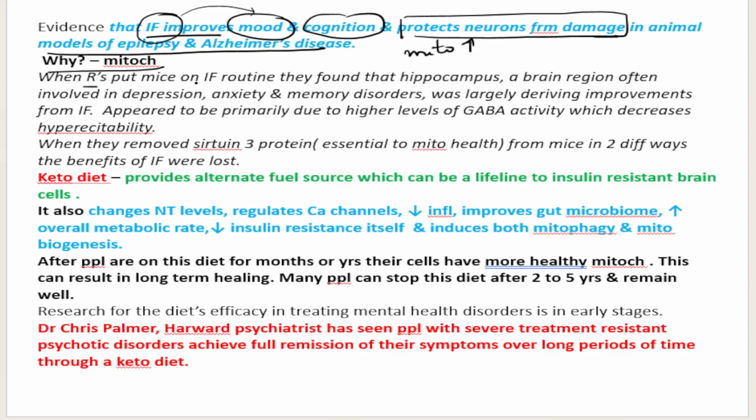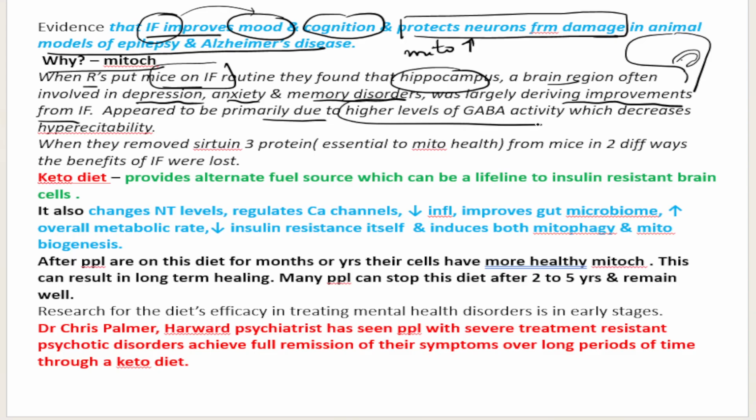Now, when researchers put mice on an intermittent fasting routine, they found that the hippocampus, a brain region often involved in depression, anxiety, and memory disorders, was deriving the benefits from intermittent fasting. And this appeared to be primarily due to high levels of GABA activity. GABA, we know, acts as an inhibitor.